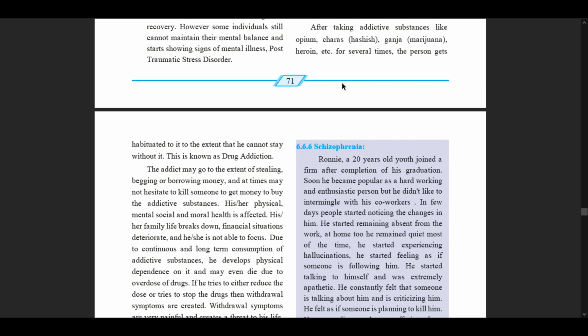Whereas I know a few individuals. I know an elderly person. He is very addicted to smoking. He's a regular chain smoker, as that would be a correct statement.